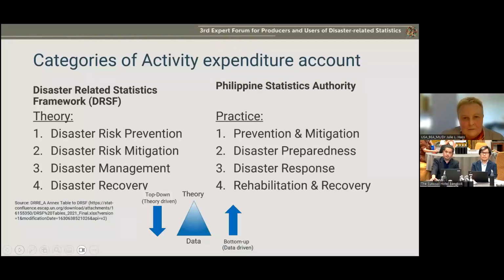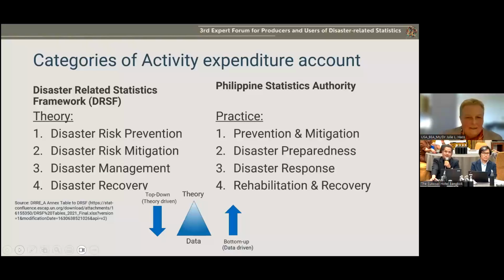And there's disaster management, which you really don't have as a category. And then disaster recovery is number 4. Can you tell me a little bit how you ended up with the categories that your country found useful, rather than simply using the ones that were in the table? I'm always fascinated to see what actually comes out of those of us making statistics. So give us a little insight on that, please.